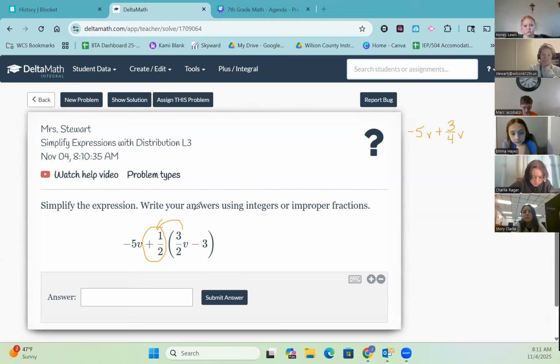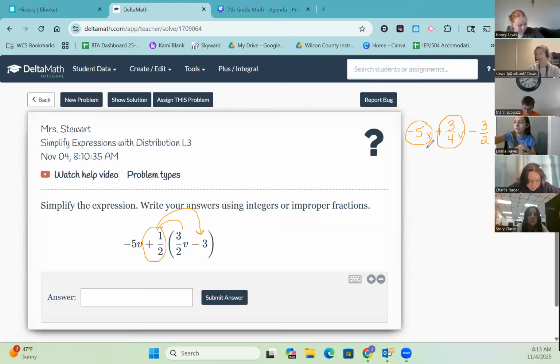And then 1/2 times negative 3 is negative 3/2. It's 1.5, right, half of 3 is 1.5. Now we're combining our like terms, negative 5v and plus 3/4 v. All right, that is going to give us negative 4 1/4 v.